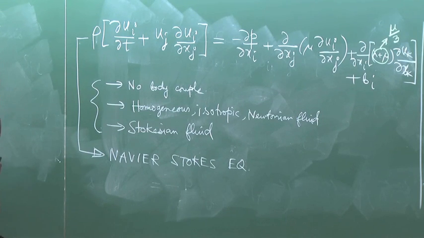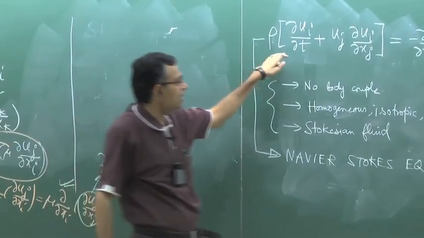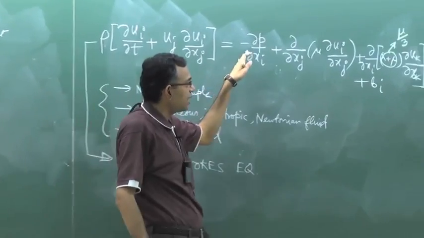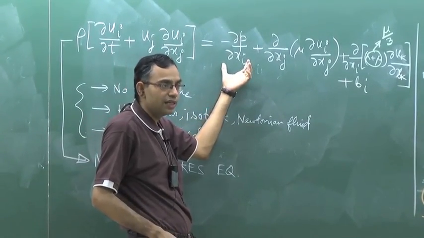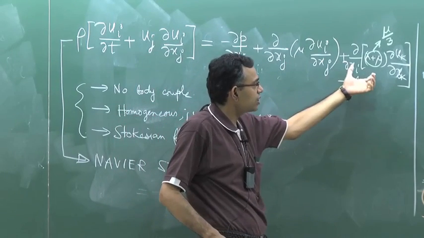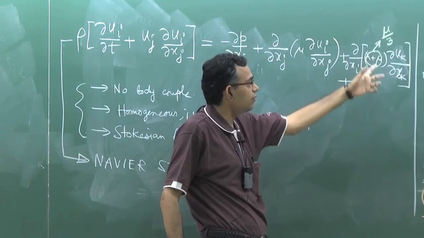So again, what are the physical implications of various terms? The left hand side is mass into acceleration per unit volume. So right hand side is force per unit volume. This is force due to pressure gradient, this is the viscous force, and this is the force due to volumetric dilation combined with linear deformation.